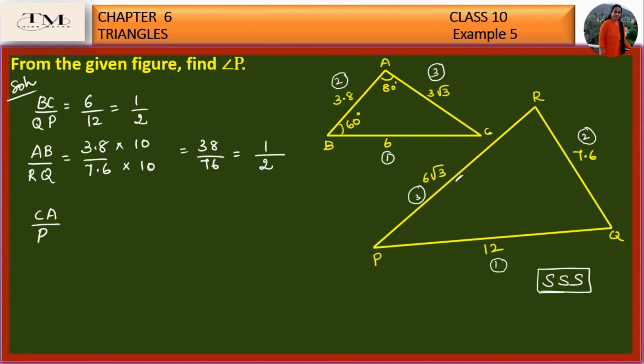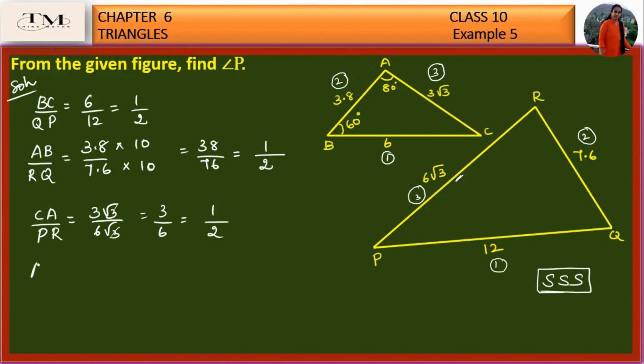Who lies between 2 and 3? R. So it is PR. So CA by PR. What is CA? CA is 3 root 3. PR is 6 root 3. So root 3 gets cancelled, and it will be 3 by 6. 3 by 6 is 1 by 2. So all the ratios are 1 by 2.